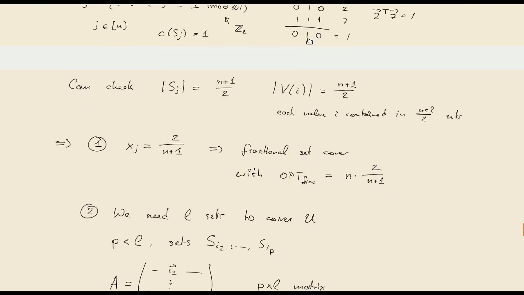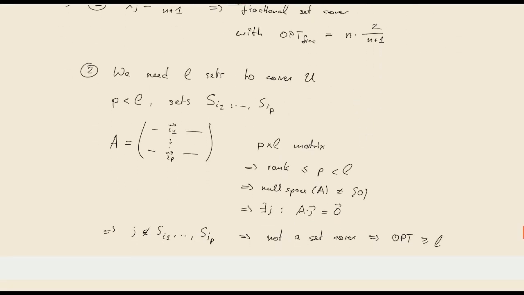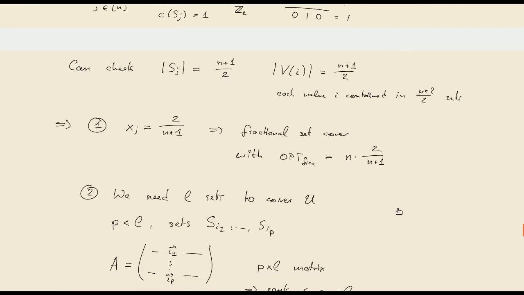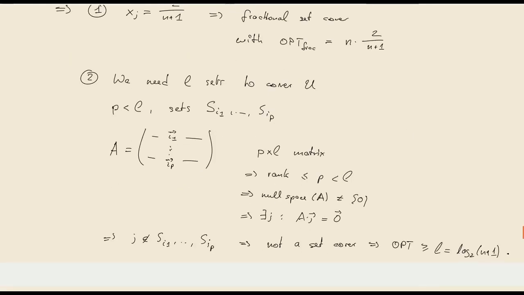And then, well, what is L? Just by definition, we defined n to be 2 to the L minus 1. So if you invert that, you find exactly what we claimed here. And that completes the proof.